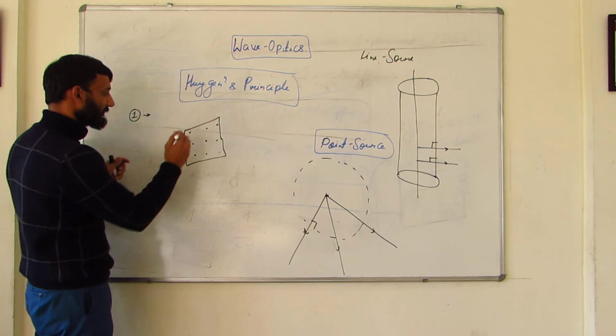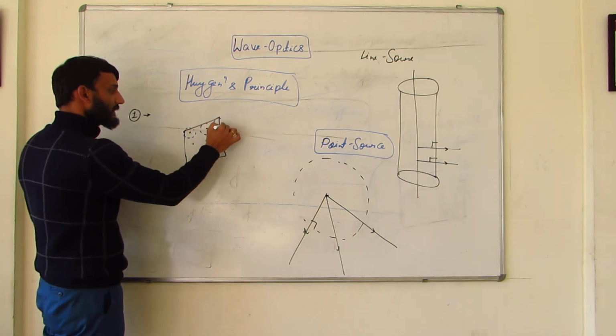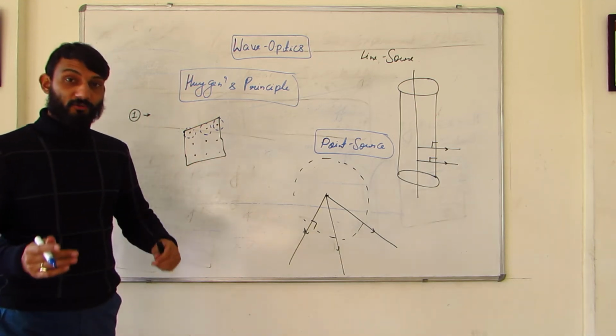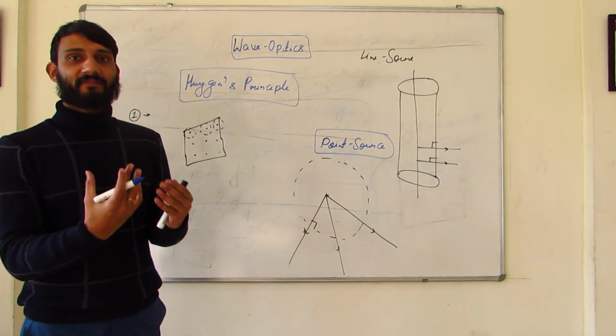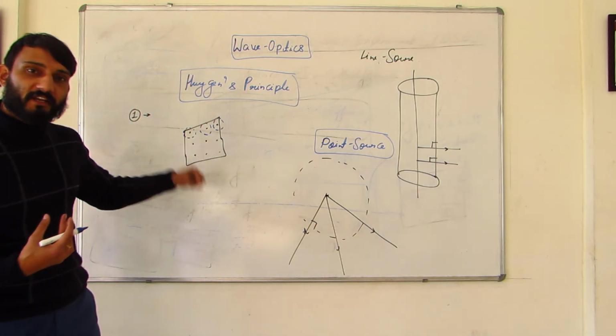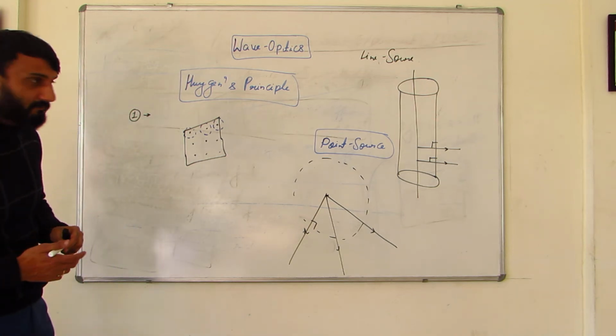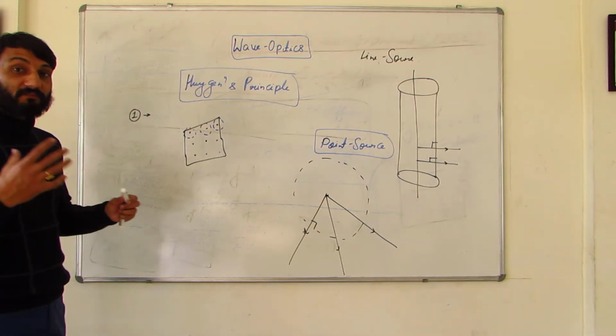It means these points can produce waves, and these waves are known as secondary wavelets, right? So these points on the wavefront are capable of producing a wave which is known as secondary wavelets. This is the first thing which he said.